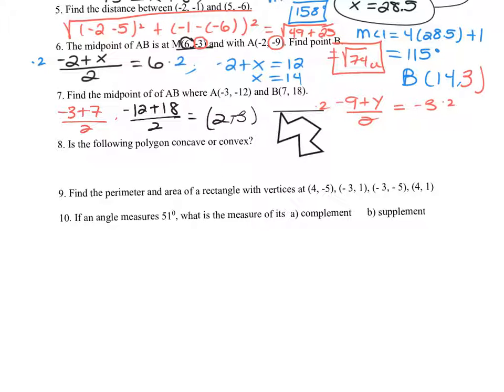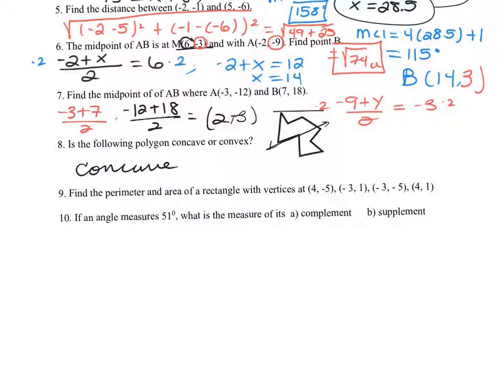Yes. It's concave. Yeah, it's concave. It caves in. Remember, if I just extend any side and it goes through the figure, then it's concave. So you'll have one of those, and then you'll have to classify it based on its number of sides. It's not going to be something like a dodecagon or something like that, but it will be one of the easier ones that you should know.